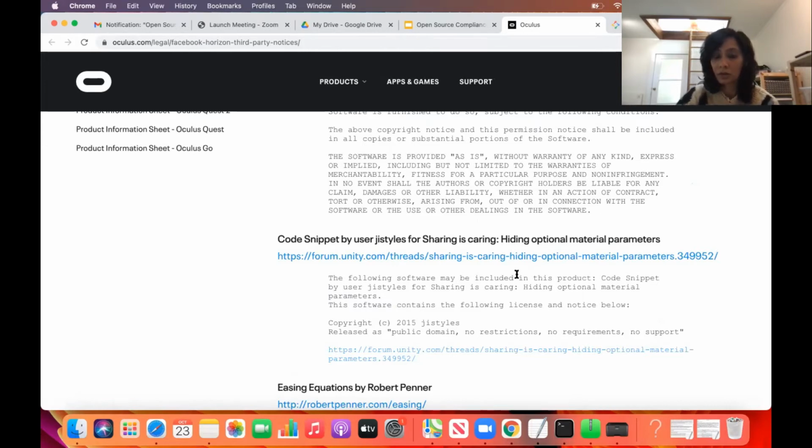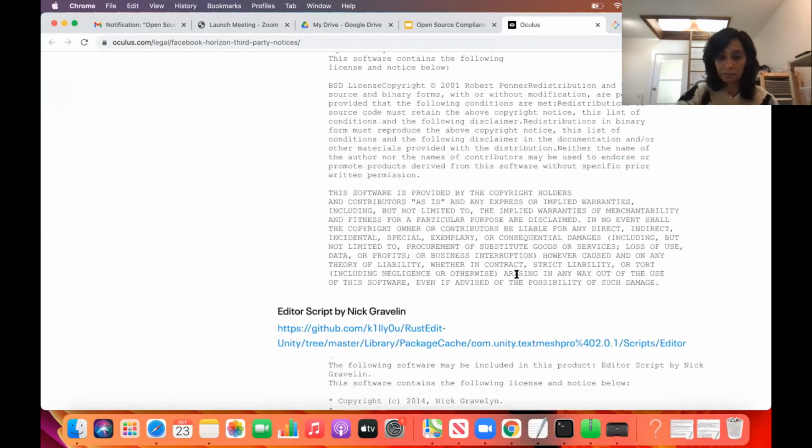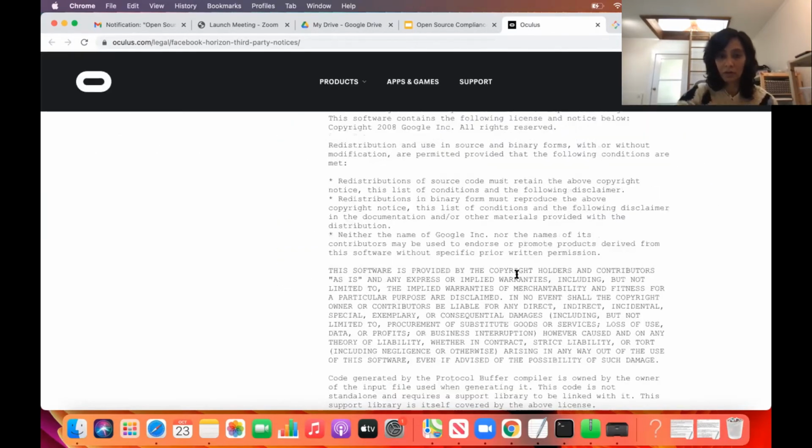So you have to give credit where credit is due. And here you can see that this code was released as public domain, no restrictions, no requirements, no support, right? But you do have to comply with the license, and you do have to give attribution where you need to do it.